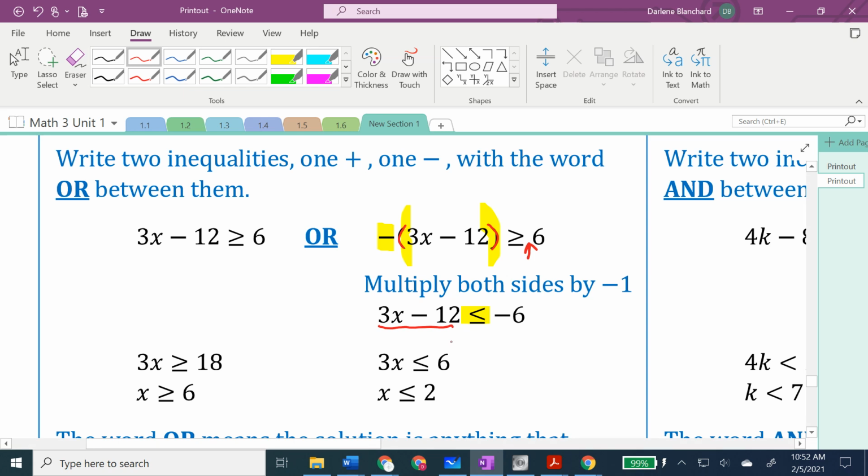So I tend to just write this step to make sure people are clear about the math that's going on, and then you can immediately just multiply the negative to the other side. Either that or you can distribute the negative through. It's up to you.